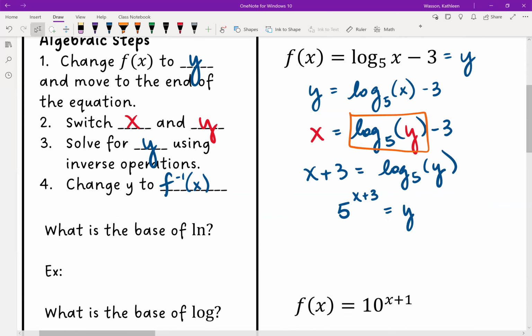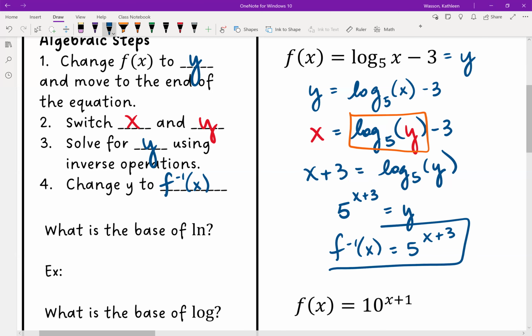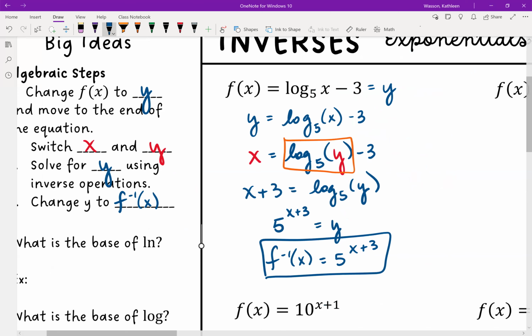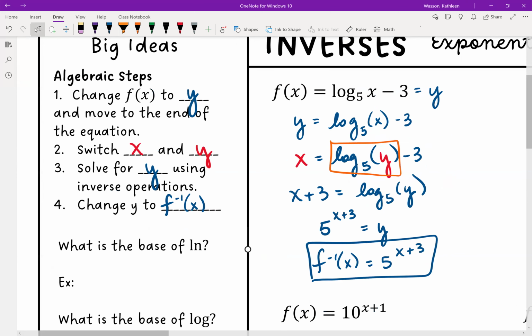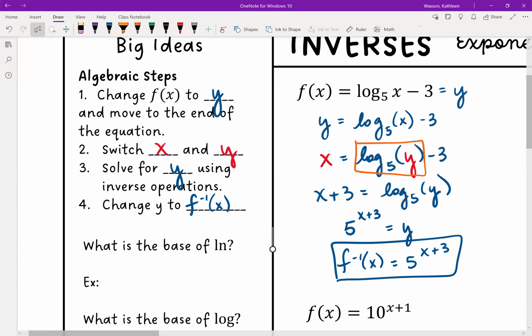My last step is write this as inverse of f of x. And that's 5 to the x plus 3. The end. This original equation, well, let me not get ahead of myself. Let's finish this big ideas on the left, but this is what we're going to be doing.